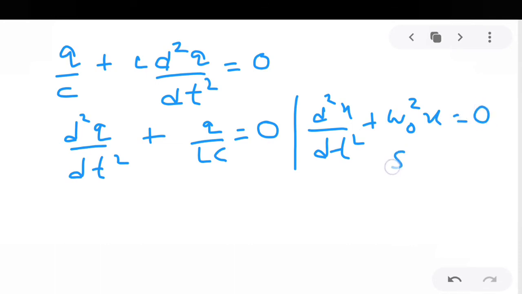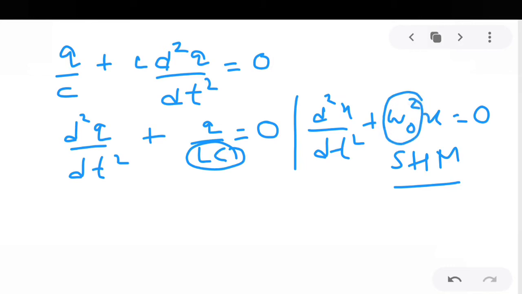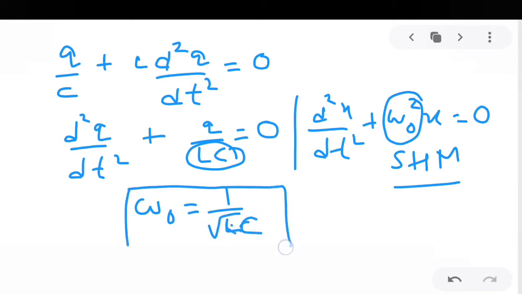In simple harmonic motion, we have seen this equation. If you compare, 1 by LC is equal to omega naught square, so omega naught is equal to 1 by square root of LC. This is the angular frequency of oscillation.